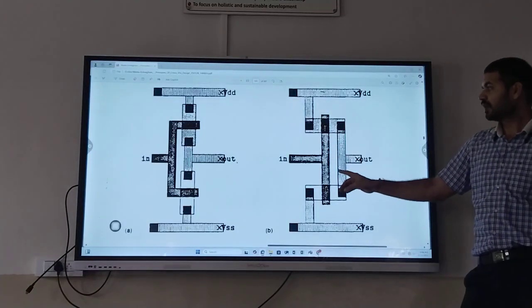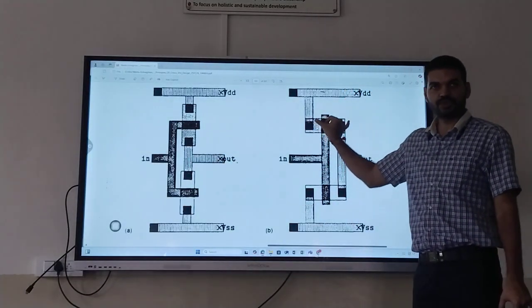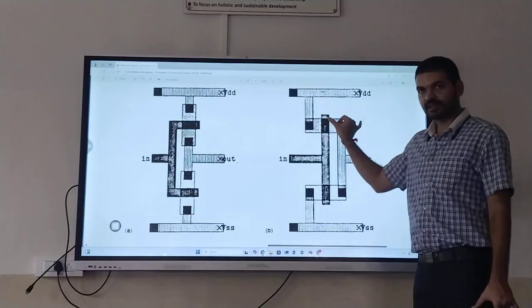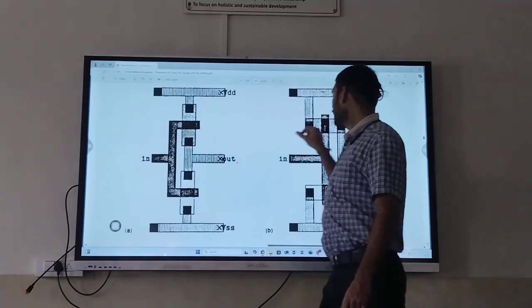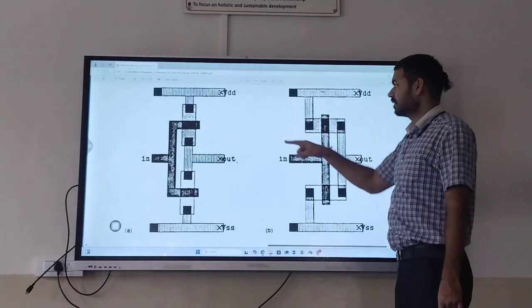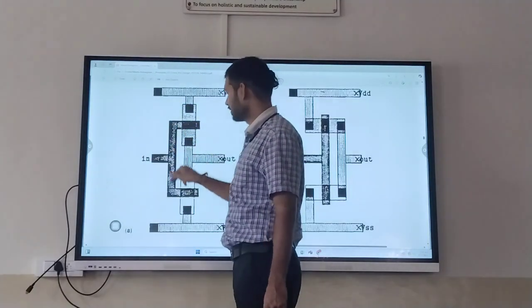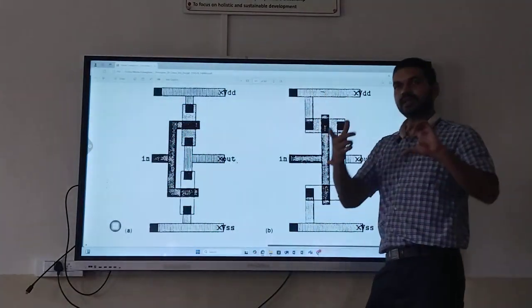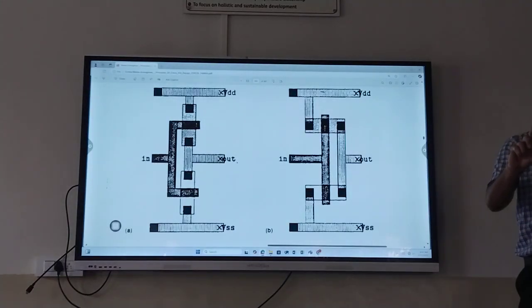But coming to this part, there the P diffusion was horizontal, here we have done it vertically. And the poly was vertical there; here we have made it horizontal and then we are shorting. So we are just interchanging the positions of P diffusion and N diffusion followed by poly.